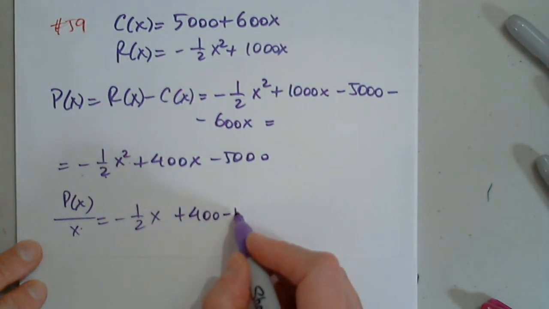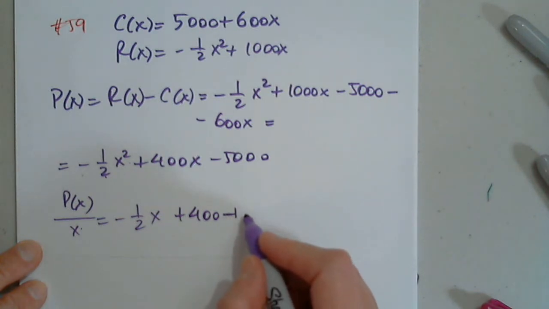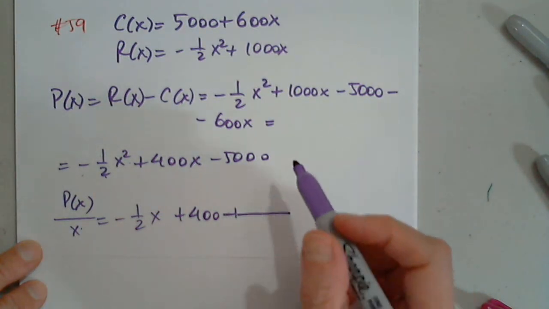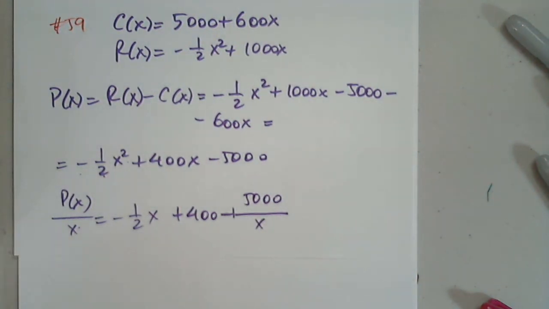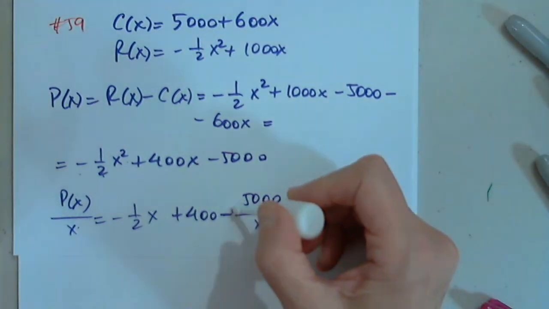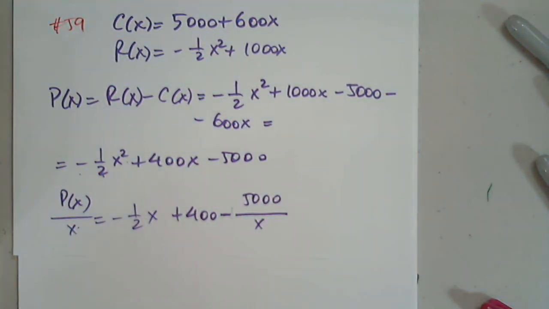And minus 5,000 over X. Good, so we found the average profit. Let's see what they want us to determine with this. Good, that was part B.